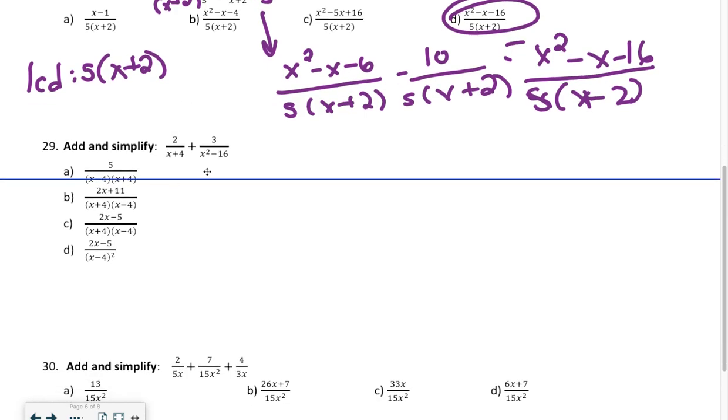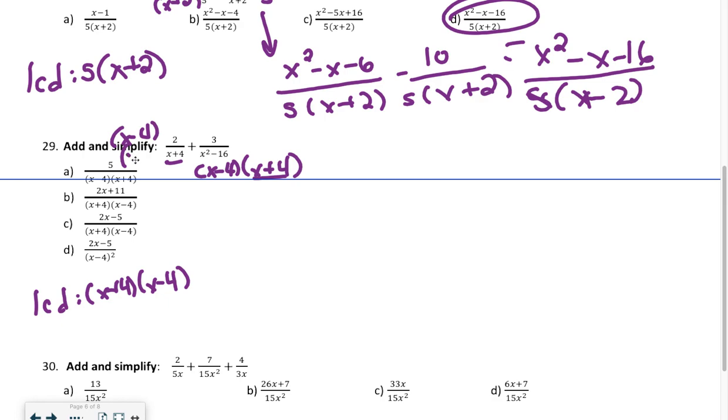We're going to factor to see if we can find a common denominator. So this denominator factors into this. We can see that both denominators have the x plus 4, but the least common denominator has to be a combination of both. So we need to multiply this fraction by an x minus 4.